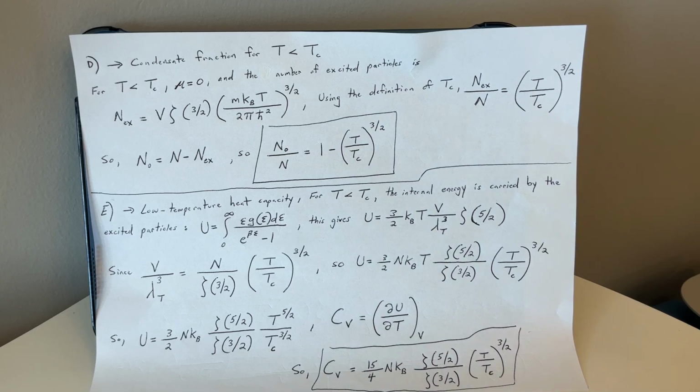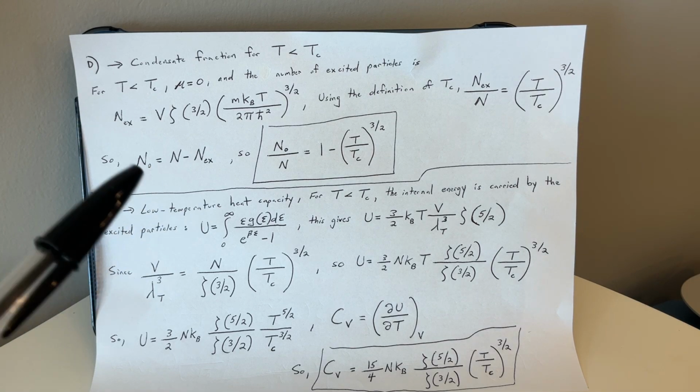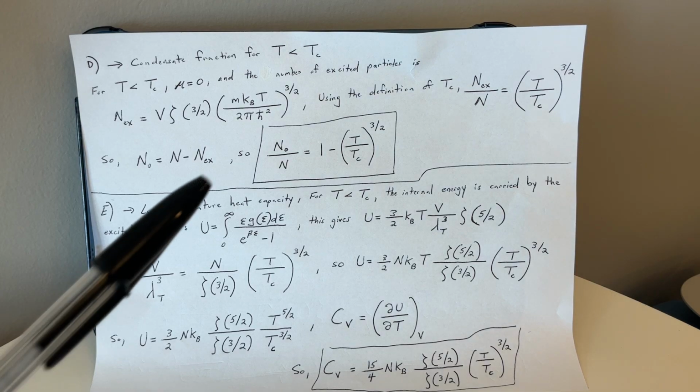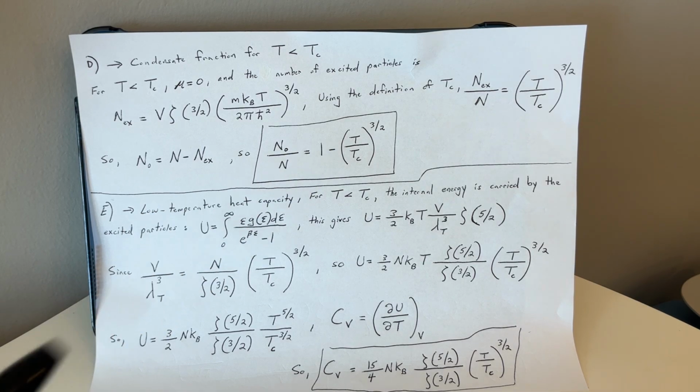So if we take this difference, N_0 equals N minus N_EX. So N_0 over N equals 1 minus the quantity T over T_C raised to the 3/2. Okay, so that's the condensate fraction, N_0 over N.